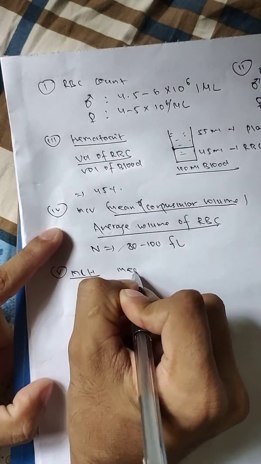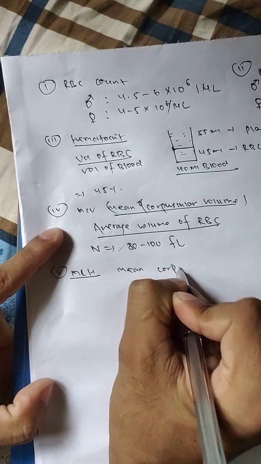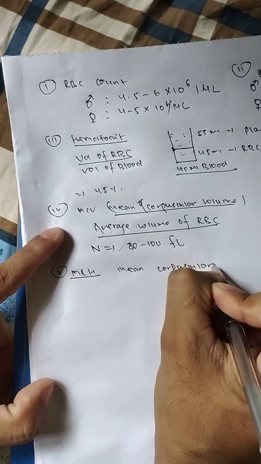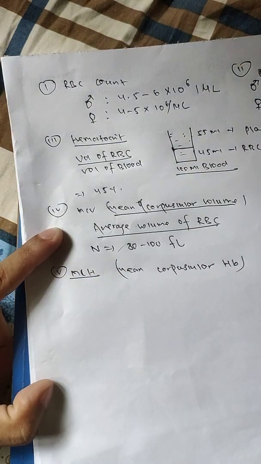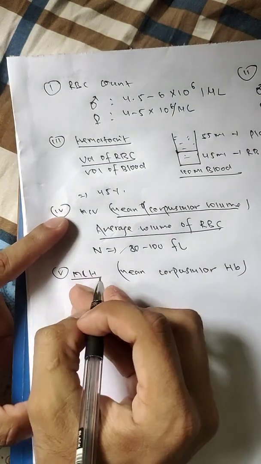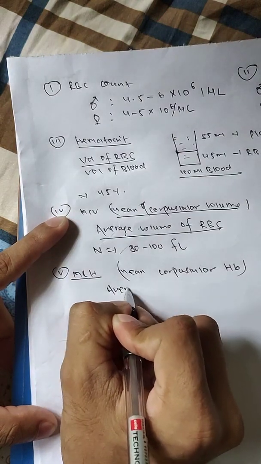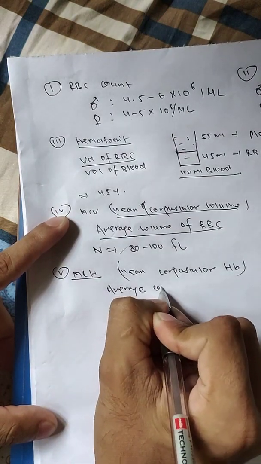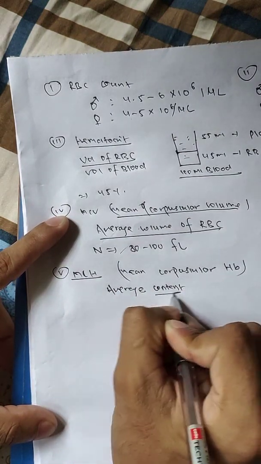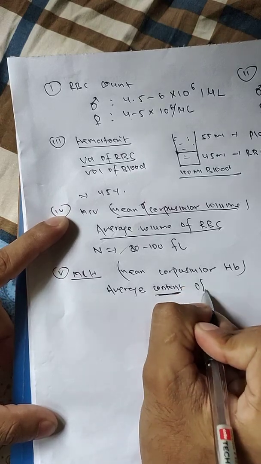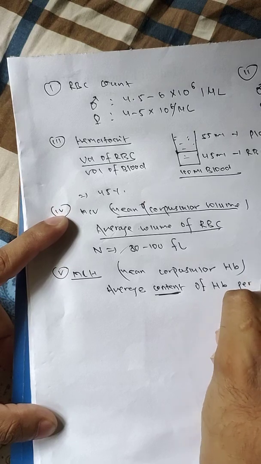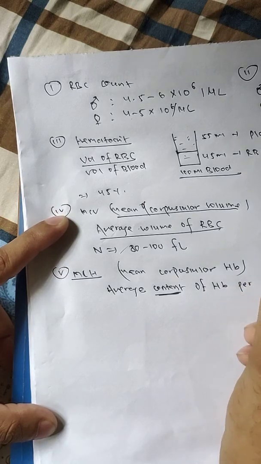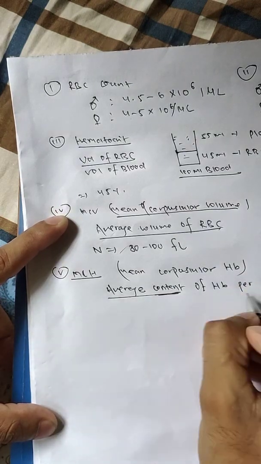The next thing is MCH, that means mean corpuscular hemoglobin. What does it mean? It is the average content, or weight or mass, of hemoglobin per RBC cell. Per means number.